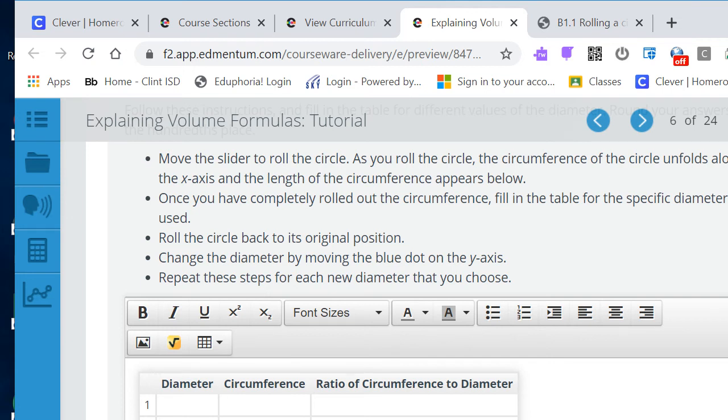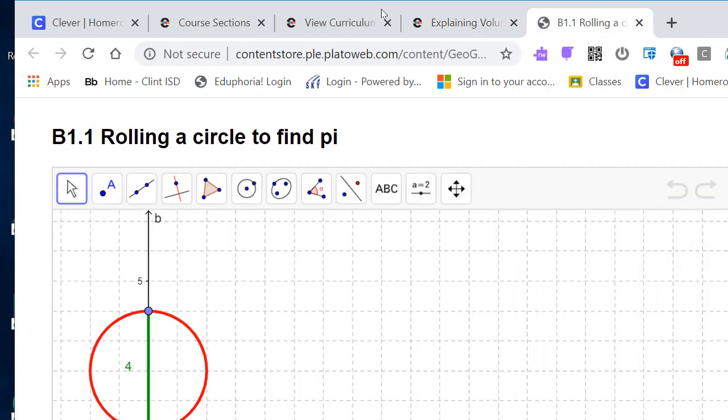As you roll the circle, the circumference of the circle unfolds along the x-axis and the length of the circumference appears below. Once you've completely rolled out the circumference, fill in the table for the specific diameter used. So this is the table that we're going to be filling out. First we go back to our activity.